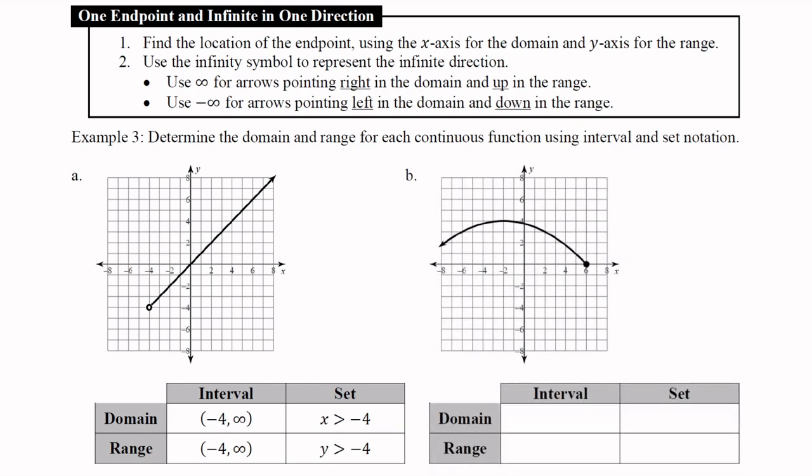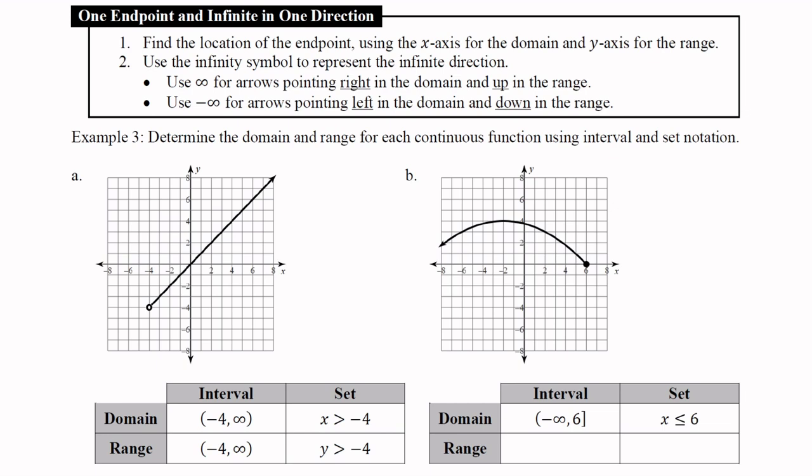For B, we have an arrow on the left indicating in the domain along the x-axis, we are going in the negative infinity direction. Then we go all the way up to 6 and we include the 6. In set notation, it's all values that are less than or equal to 6.